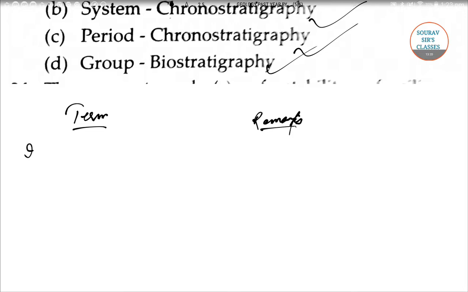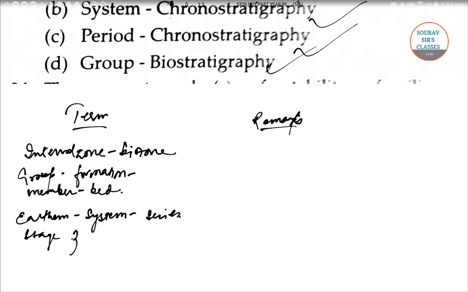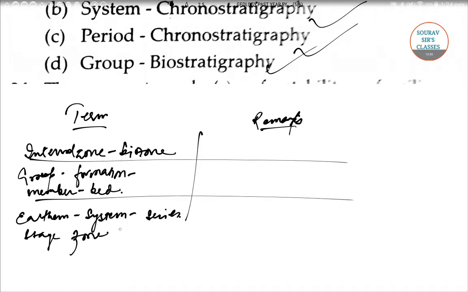Okay. So in terms we have interval, zone, biozone. We have group, formation, member, bed. Then we have eonthem, system, series, stage, zone. Three columns are here, and for the first column we will have biostratigraphy.